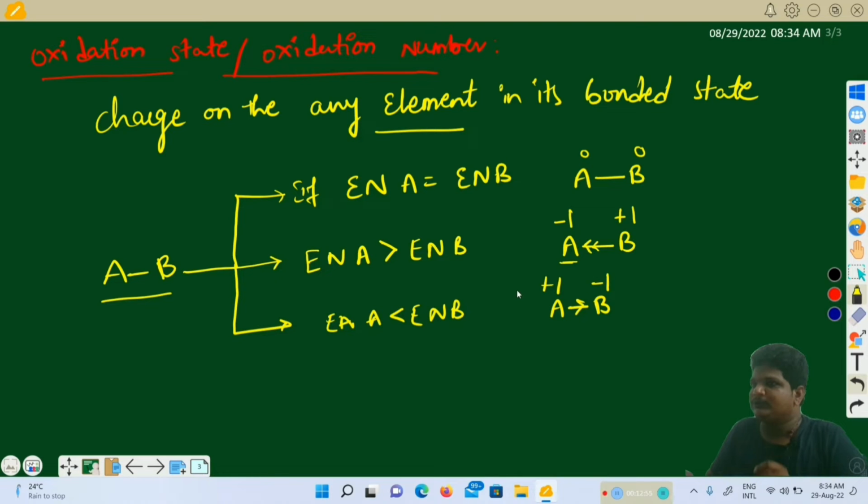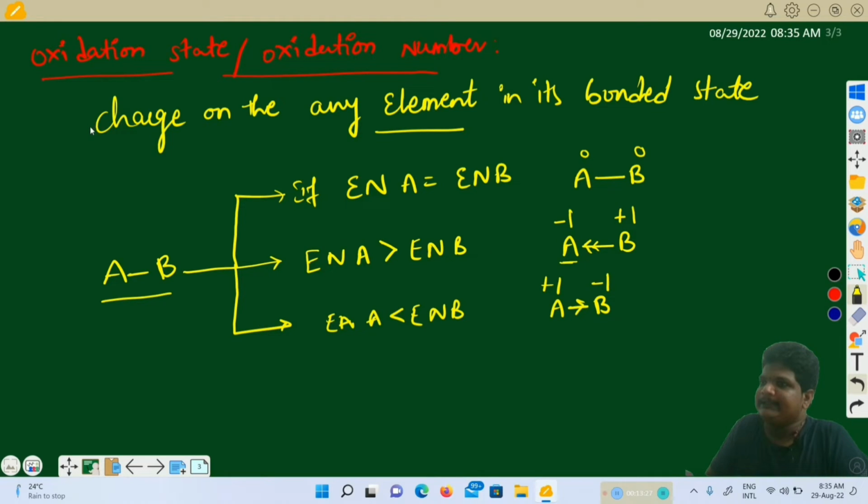Okay, due to the electronegativity difference between the two atoms in a bonded state, polarization of the bond takes place. Due to this polarization, there is an existence of charge on the atom or element in its bonded state.